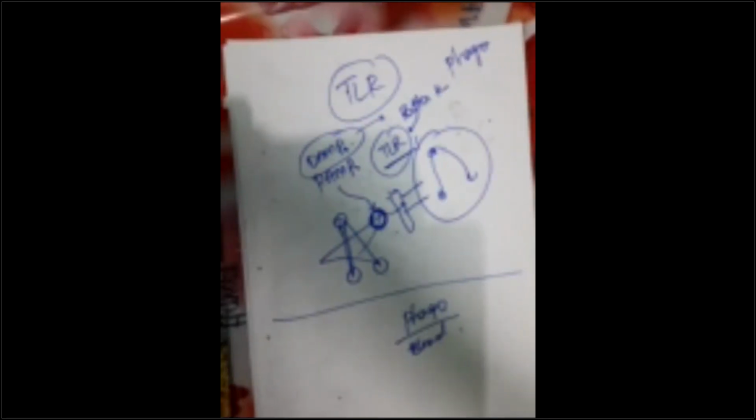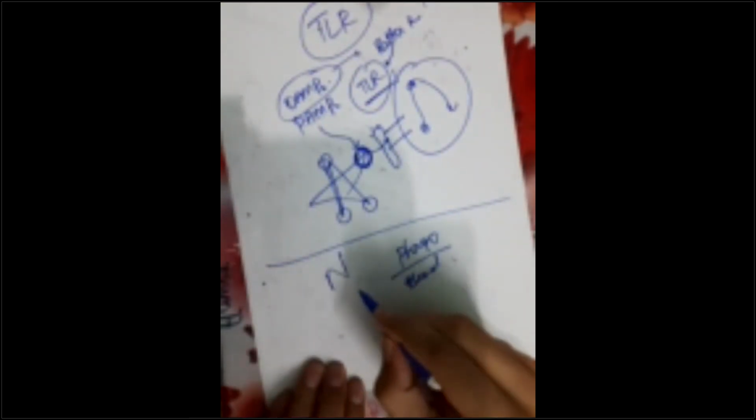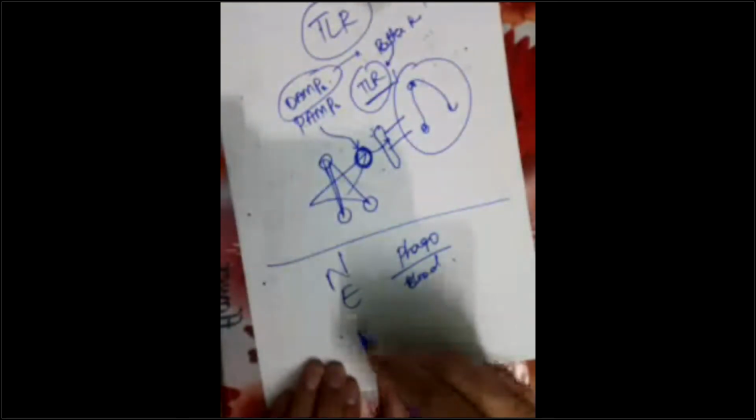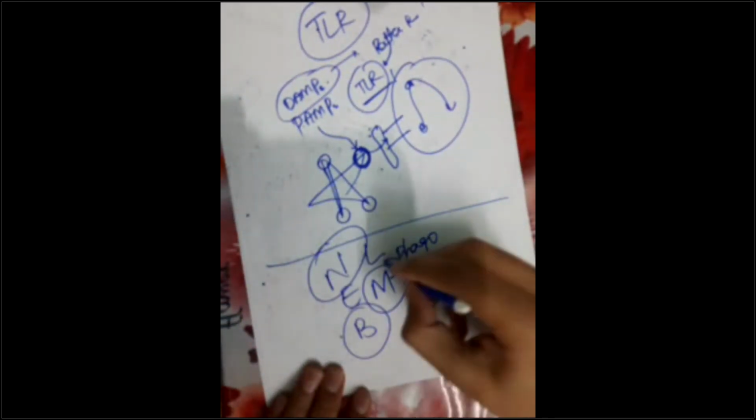What are the blood cells? Neutrophil, eosinophil, basophil, lymphocyte, monocyte. Your neutrophil, your basophil, and your monocyte.